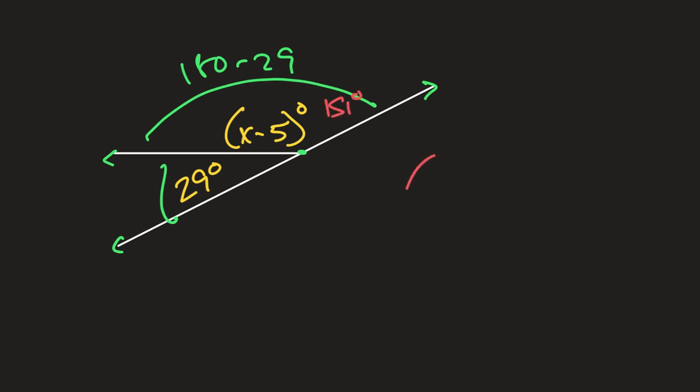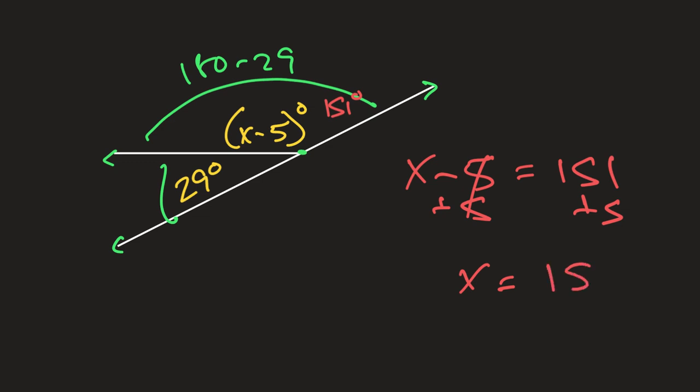So we can take x minus 5, because that's what's representing this angle, and we're going to set it equal to 151. Pretty simple solve, right? What's the one step here? How do we solve for x? Add 5. There you go. Let's add 5 to both sides. x equals 156.